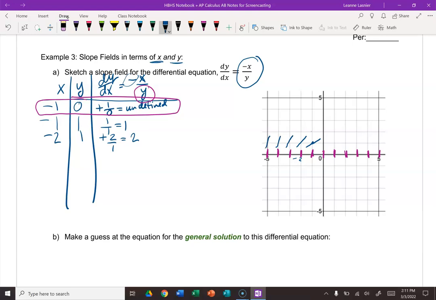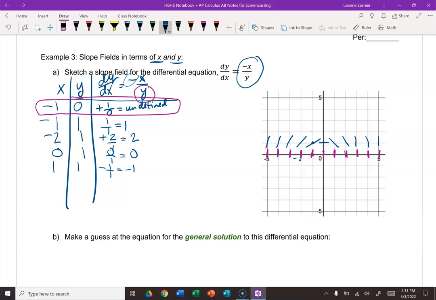Because this is 1 over 1, 2 over 1, 3 over 1, 4 over 1, 5 over 1. And then I know the same thing would be true over here, and this would just be 0, right? Because this would be x is 0, y is 1. And then on this side, when x is +1, then the slope would be -1. So then it would be like that, and then they would gradually get steeper as you move to the right. -2, -3, -4, -5. So it's just kind of all relative.